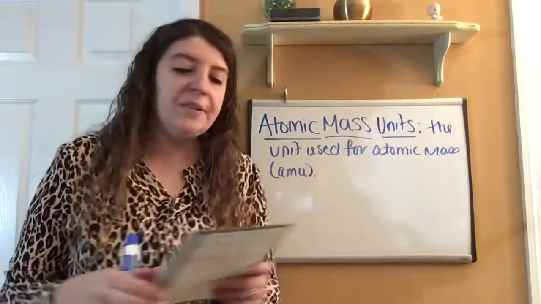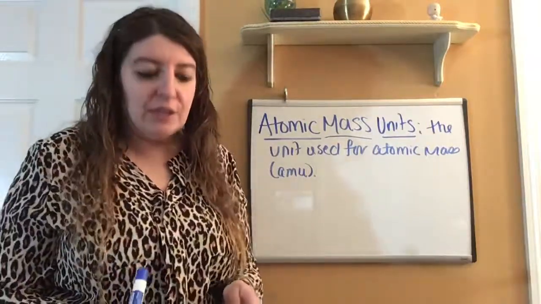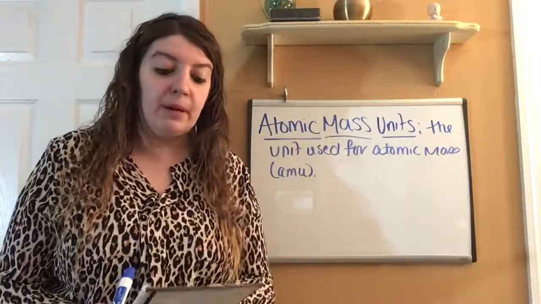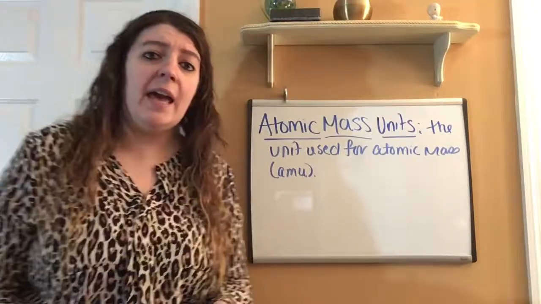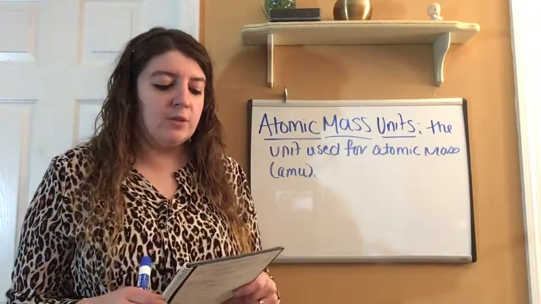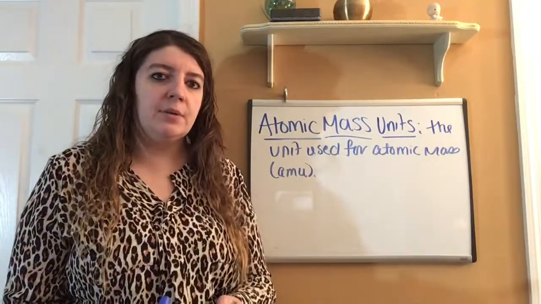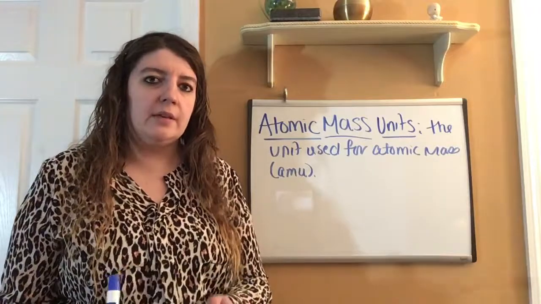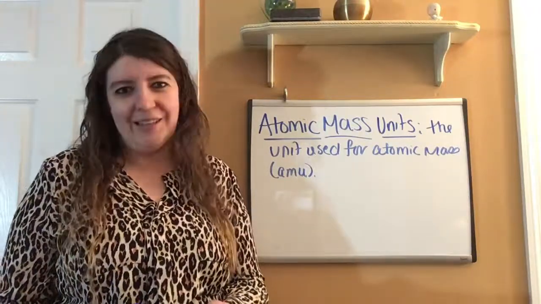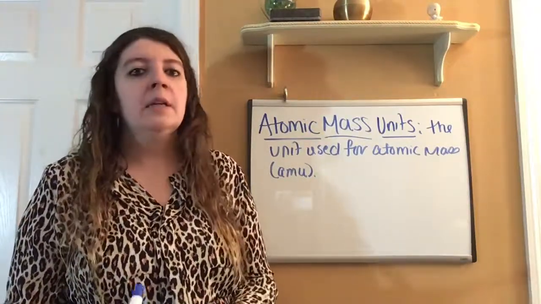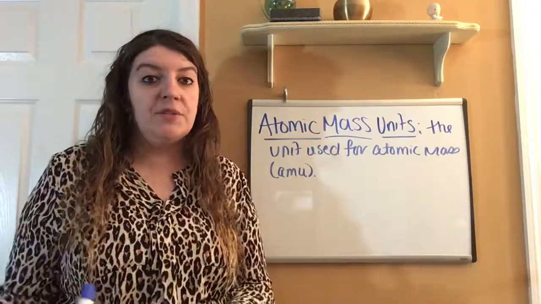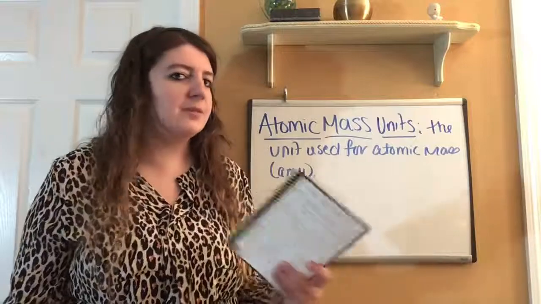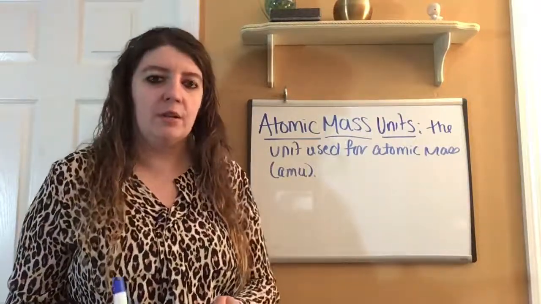The formal definition is the unit used to express the relative masses of atoms and subatomic particles that is exactly 1/12 the mass of a carbon-12 atom with six protons and six neutrons in its nucleus. Very long, very annoying. I'm not going to make you write all that down. It is posted with the notes that I posted yesterday, so hopefully you'll have reviewed them and this will be a little bit better of an explanation.